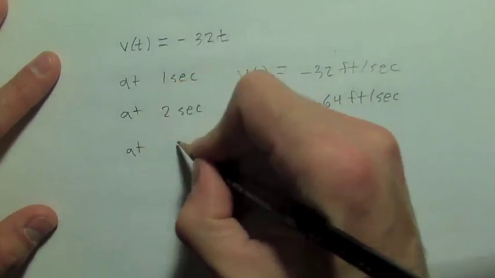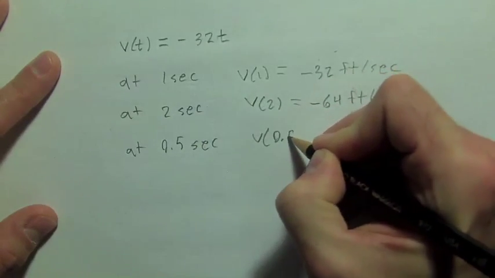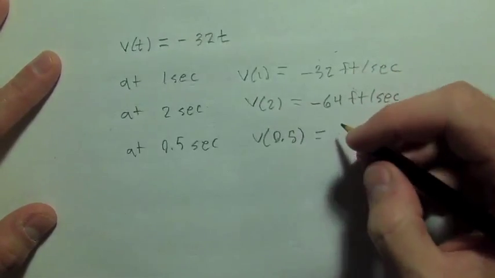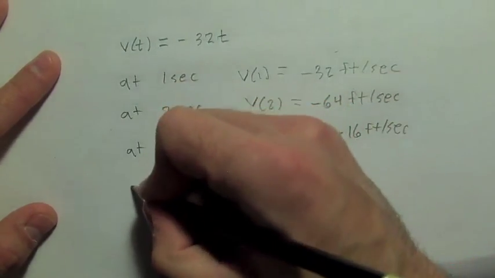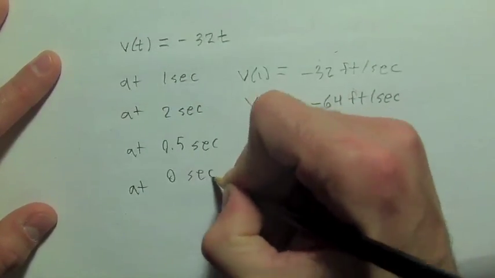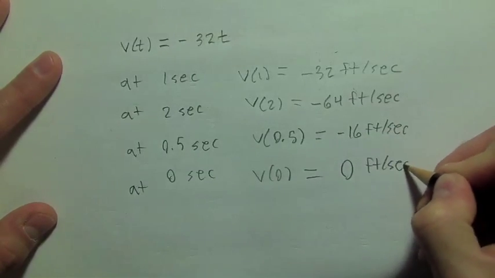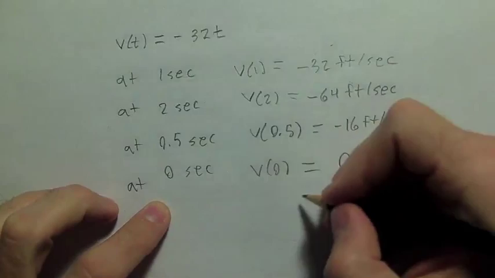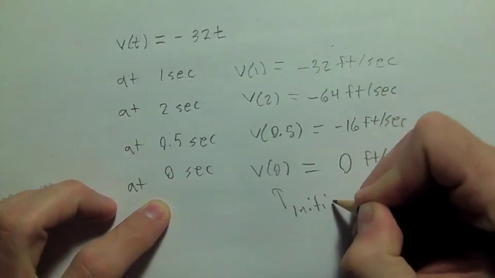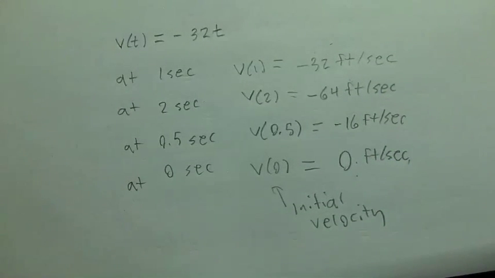At a half second, v of 0.5 is negative 16 feet per second. What about at 0 seconds? v of 0 is 0 feet per second. Does that make sense? Well, the rock is just dropped. It has no initial velocity. This is the initial velocity, and mathematically, the number we got actually makes sense for that.